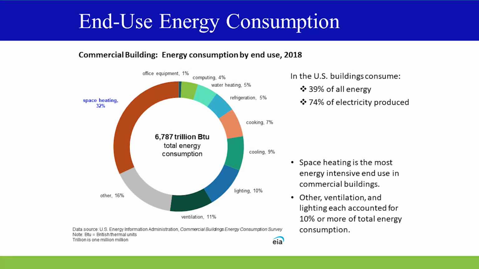In 2018, the EIA came up with energy consumption by end use. In the US, there's 6,787 trillion BTU of energy being consumed just by buildings. 39% of all energy consumption is in buildings, and of it 74% is electricity produced.